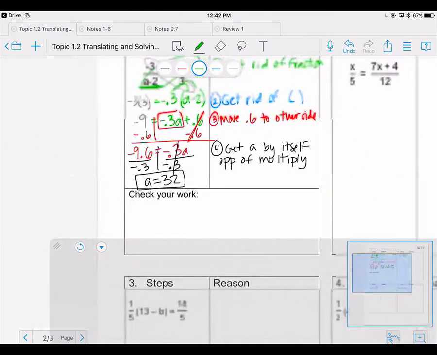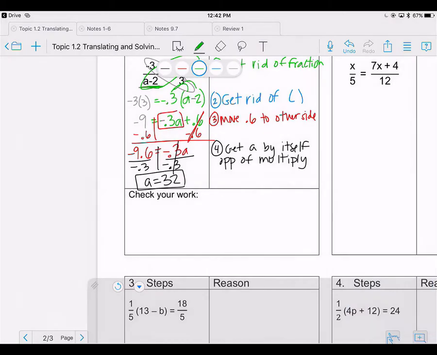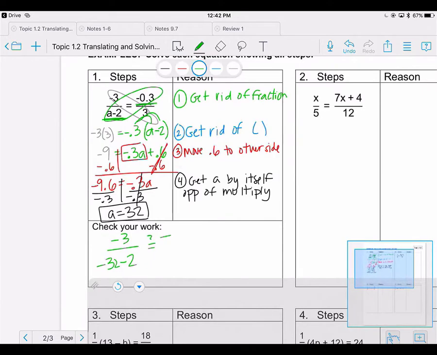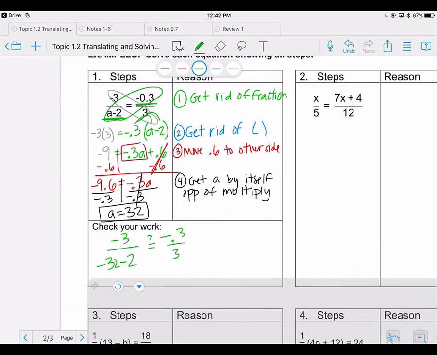To check our work, we will plug in for A and see if that equals negative 0.3 divided by 3.